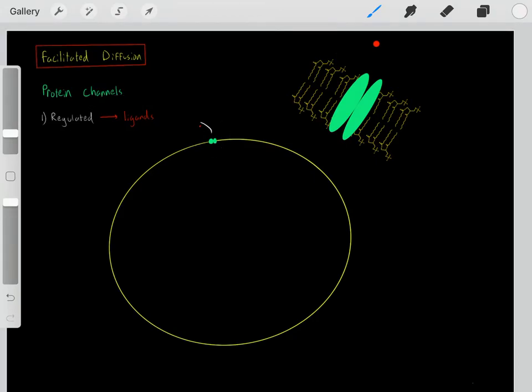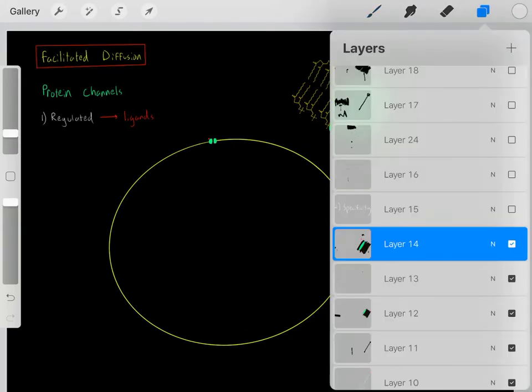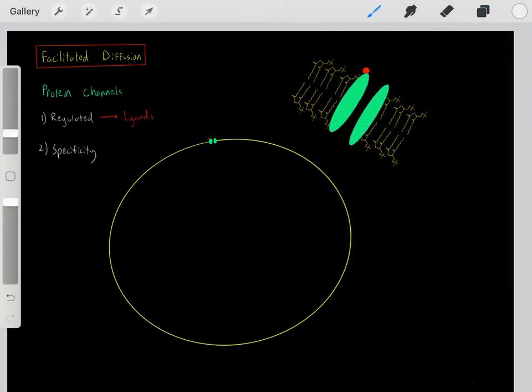But let's say the ligand binds and opens the channel. Now what? Well, again, we know all channels can be characterized by what ion they're specific for. So let's say this channel happens to be specific for sodium ions. Once this ligand binds and this channel opens, then sodium ions and only sodium ions can flow through, because this channel is specific for sodium ions.